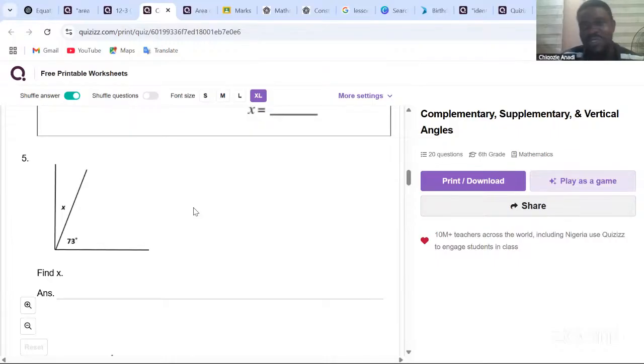Beautiful. So both of you are correct. You just subtract it from 90 and you've gotten your answer. So 17 and 73 are what? Complementary angles.